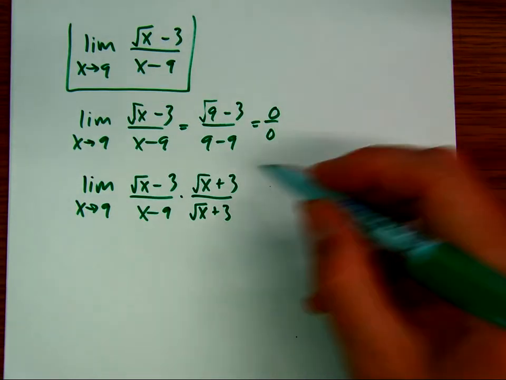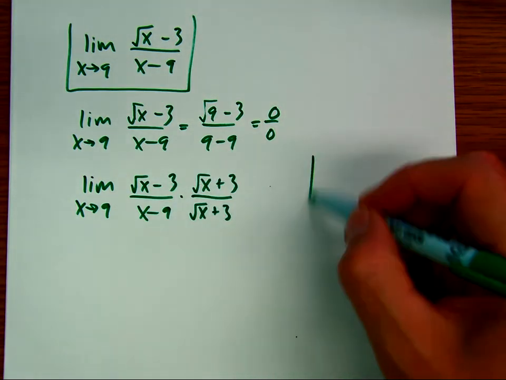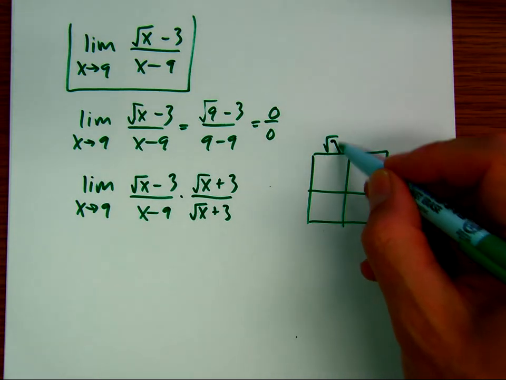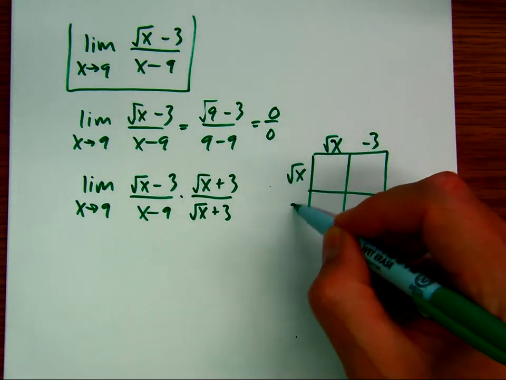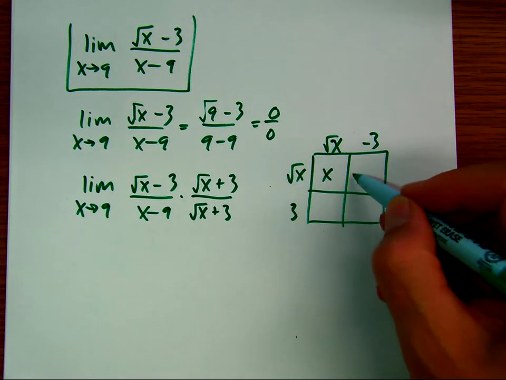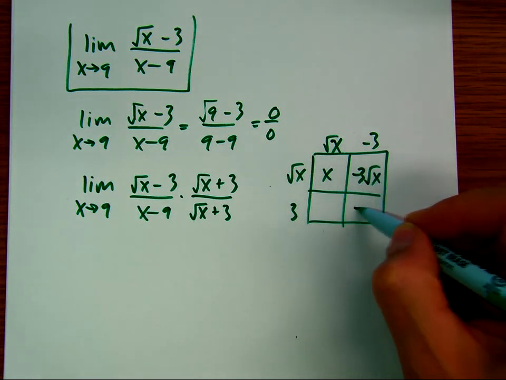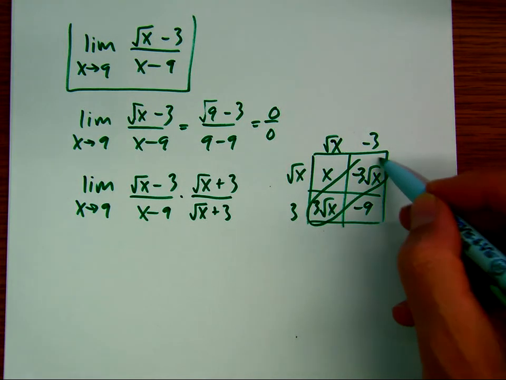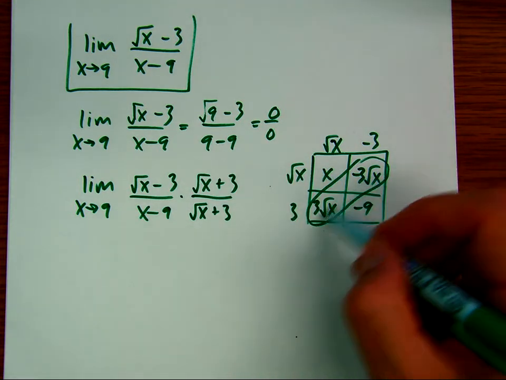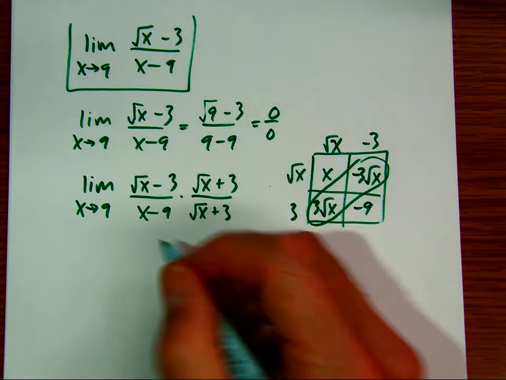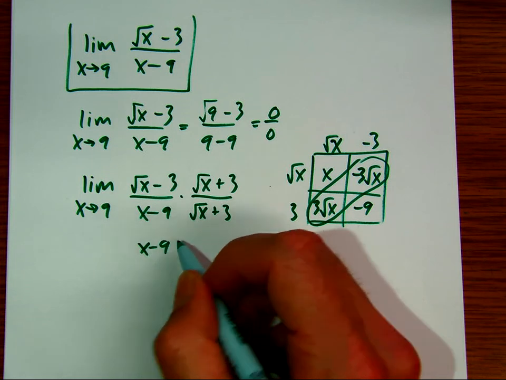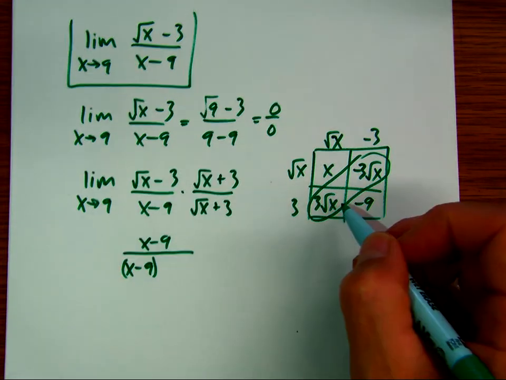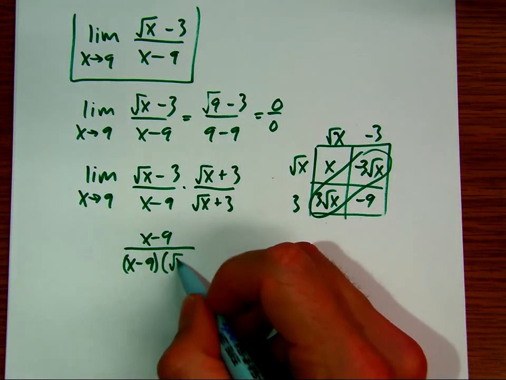And remember that when we multiply these, this is x, negative 3 radical x, negative 9, 3 radical x. We chose that addition so that when we add this we get 0, and then we're left with x minus 9 in the numerator. The denominator also has x minus 9, and we're not going to distribute.